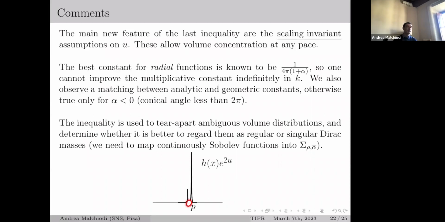Suppose the point C is singular. So you would like to understand whether it's rather a measure which is concentrated at the singular point, or maybe at more regular points which are around the singular point. So it helps to give a sort of interpretation of the highly concentrated volume measure.